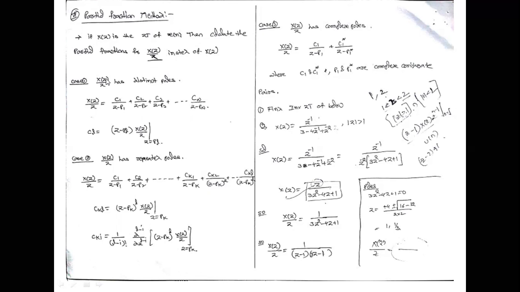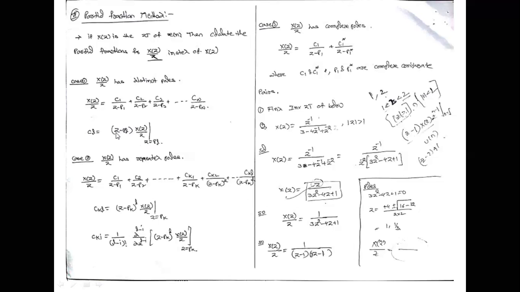Distinct poles: x of z by z has distinct poles. Let it be c1 by z minus p1, c2 by z minus p2, and so on. We take the coefficient cl by substituting z equal to pl.